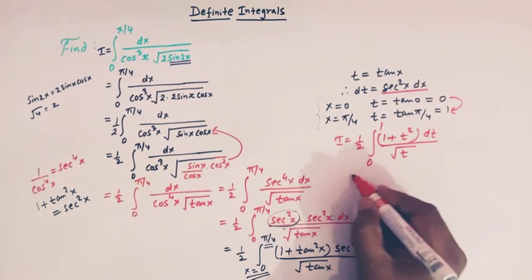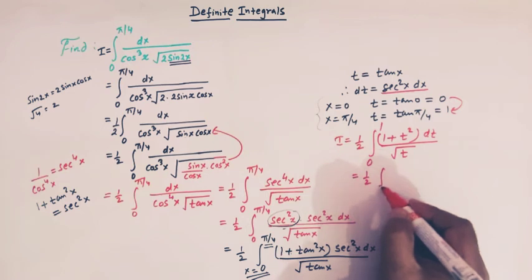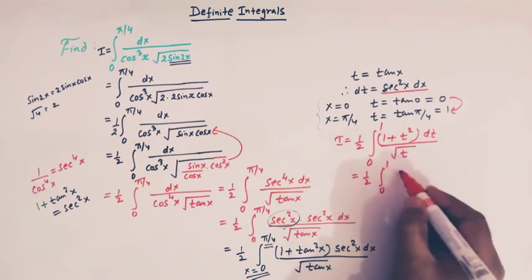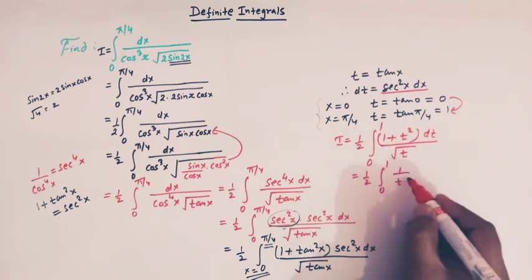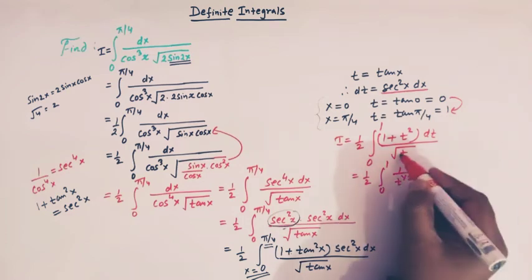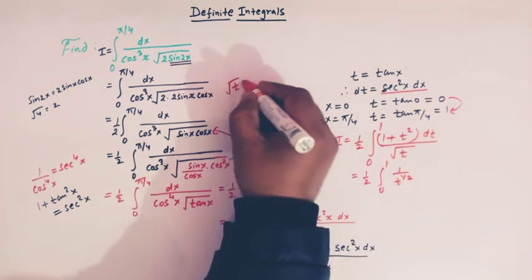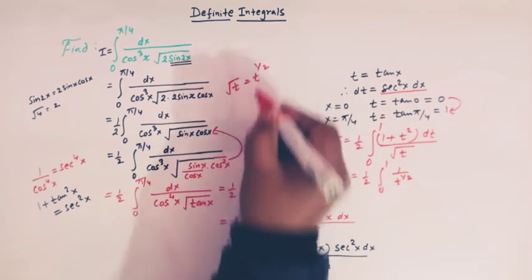Now we have half, integral from 0 to 1, of 1 plus t square over t raised to half, because the square root of t can be written as t raised to half.